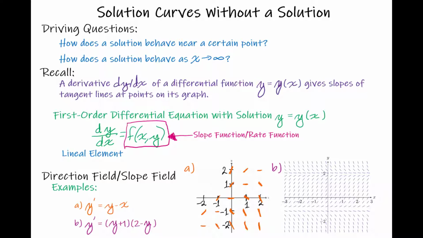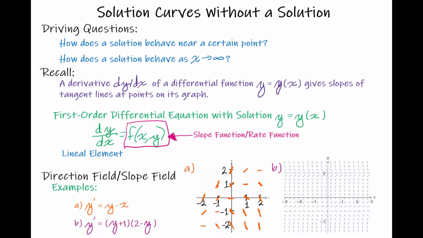When x is -1 and y is 1, I get a slope of 1 minus -1, or 2. So I'll sketch that in. When x is -2 and y is 0, I get a slope of 0 minus -2, or 2. So I'll sketch that in.